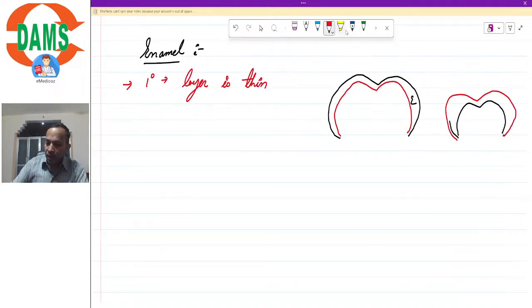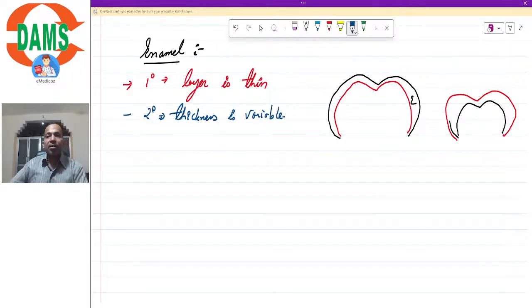Also, in case of permanent, the thickness is variable, right? Unlike primary, the thickness is variable.